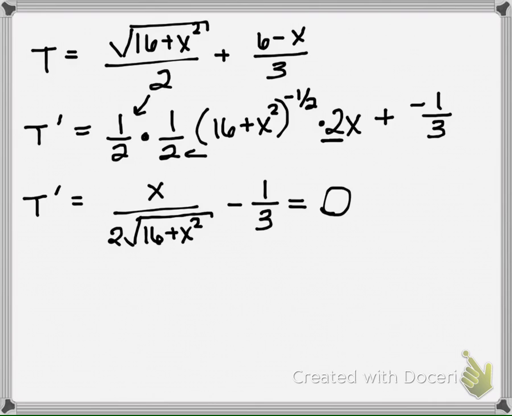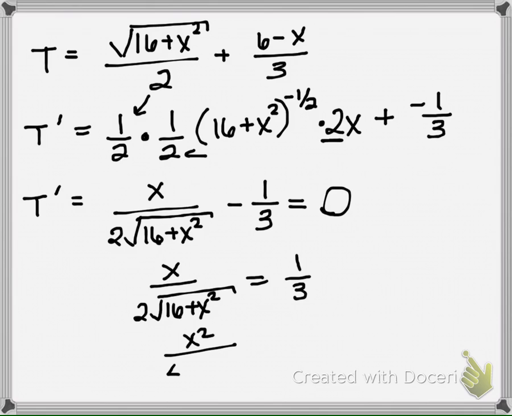Let's add 1/3 to both sides, and we get x over 2 times the square root of 16 plus x squared equals 1/3. And we can square both sides, and we would get x squared over 4 times 16 plus x squared. We did that to get rid of that square root, and that equals 1/9.